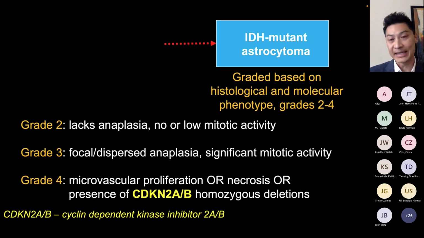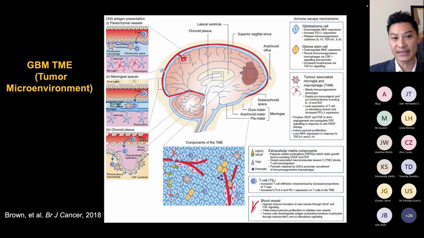The same thing with these IDH mutant astrocytomas, you can grade it, but the prognosis is worse if it has a certain signature. And in this case, if there's the presence of a CDKN2A/B homozygous deleted gene. So when you have the presence of that homozygous deleted gene, then your prognosis is worse because they respond to chemoradiation less.